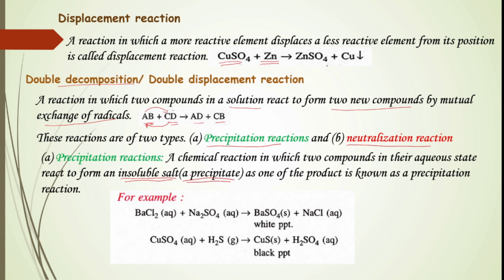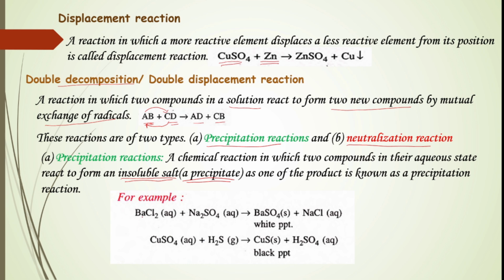Such a reaction in which one of the products is a precipitate is known as a precipitation reaction. A reaction in which two compounds in their aqueous state react to form an insoluble salt or a precipitate as one of the products is known as precipitation reaction.